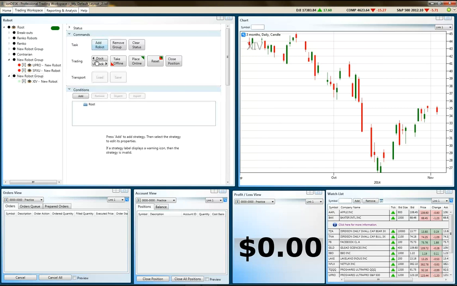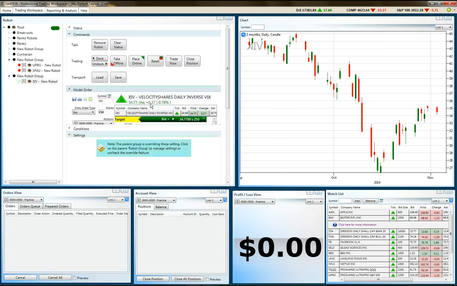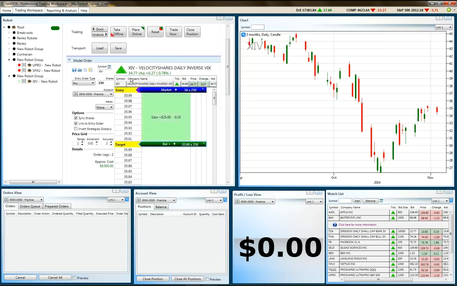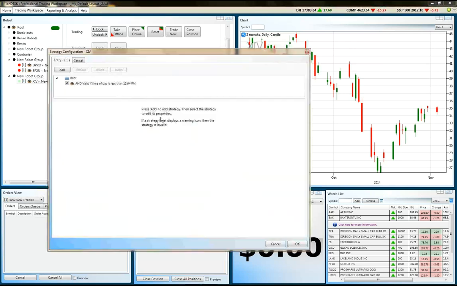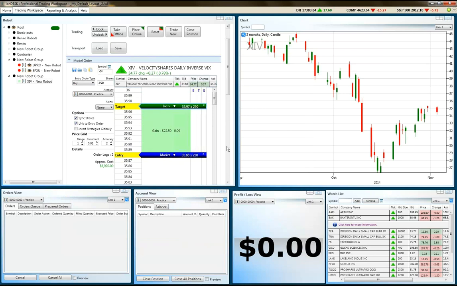And the first thing we got to do is remove the strategy here so that it'll place. I'm going to put that target back up there. All right, so we're ready to place this guy.